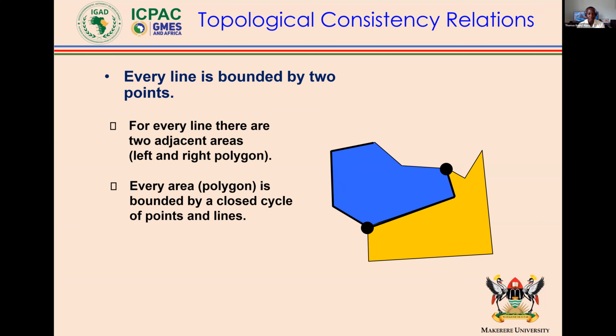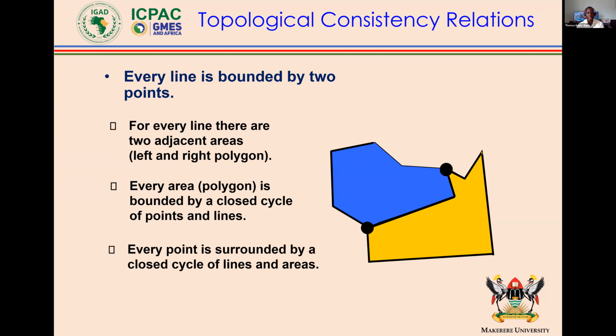Then every area or polygon is bounded by a closed circle of points and lines. You've seen that. Now, every point is surrounded by an enclosed circle of lines and areas.